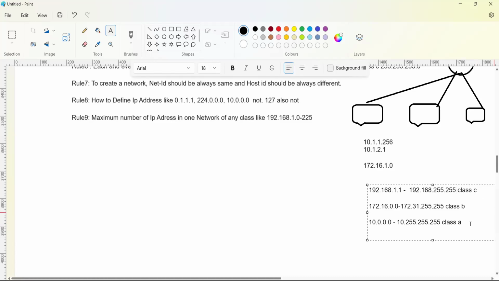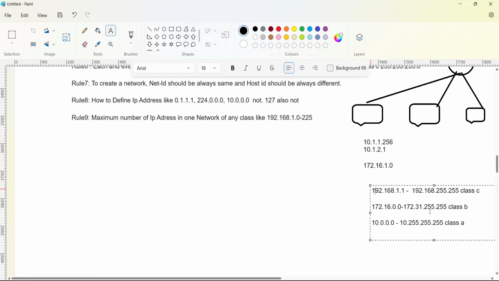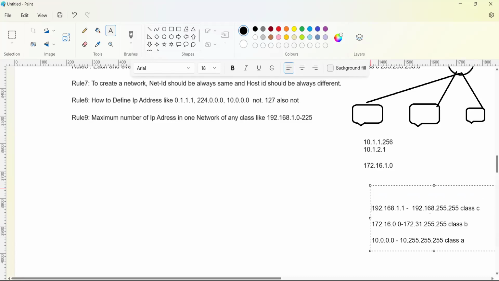Class A, class B, class C, these are all private IP addresses, free of cost.